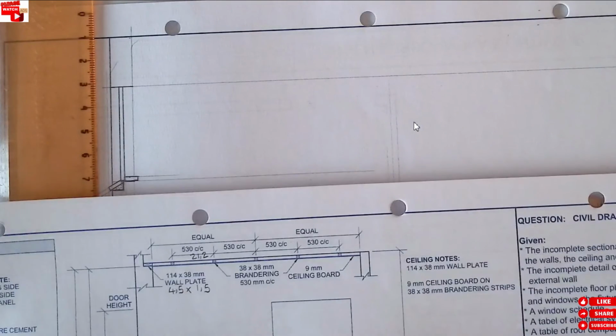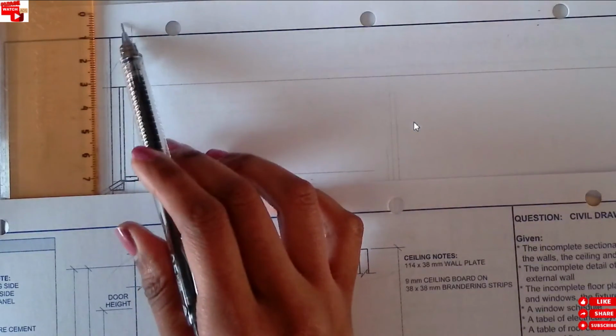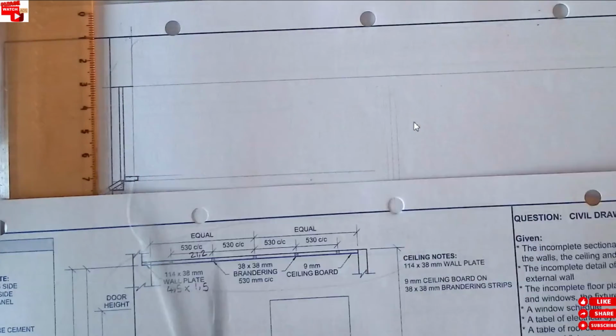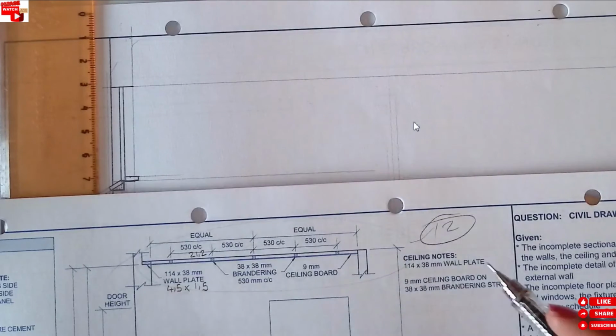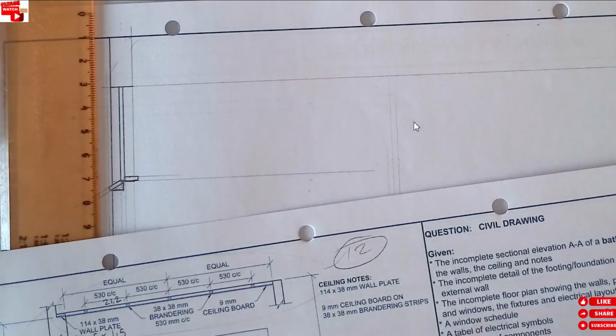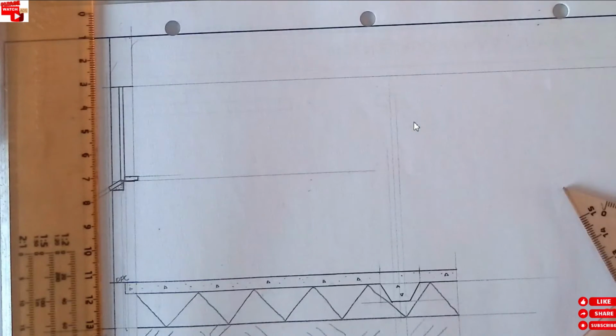Unfortunately, I won't be drawing this part because it's going to run out of my drawing. But still, this is going to have content. I would have loved to show it to you, but I don't have space. I thought I had left enough space for everything, but I didn't.